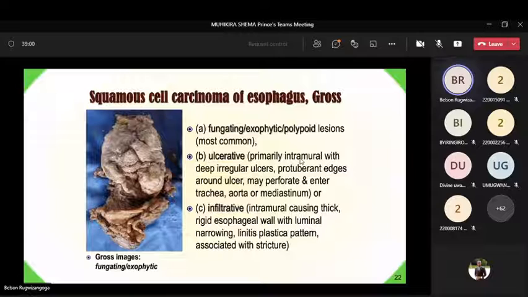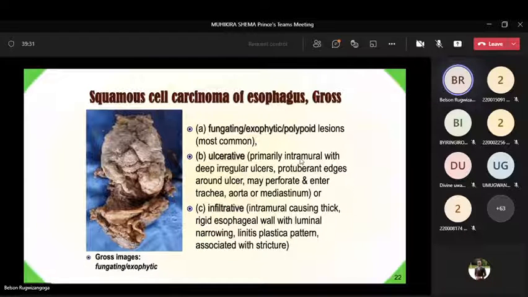It can be infiltrative, intramural, causing a thick, rigid esophageal wall with luminal narrowing. This also happens in the stomach, and we see many of these cases at South Africa, because maybe it is the main center for endoscopy. So we receive many cases where there is a cancer, but you cannot see it on the surface, either the outer surface or the lumen of the organ.